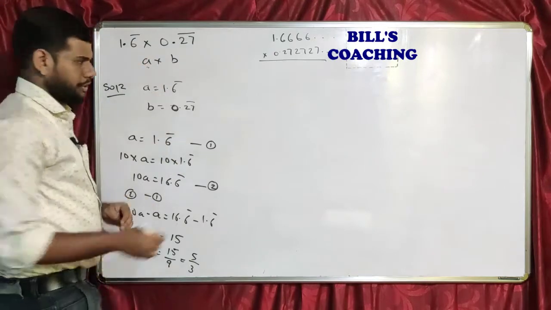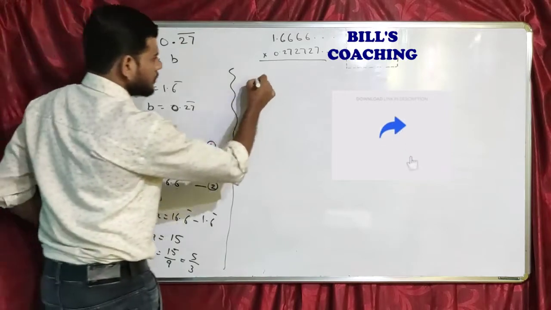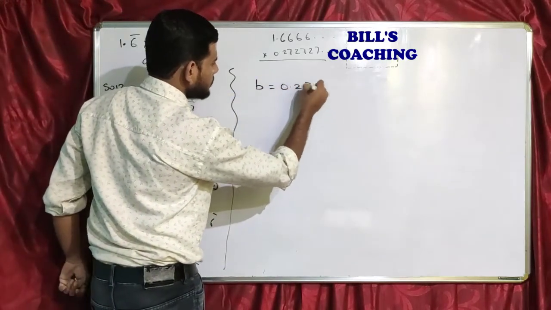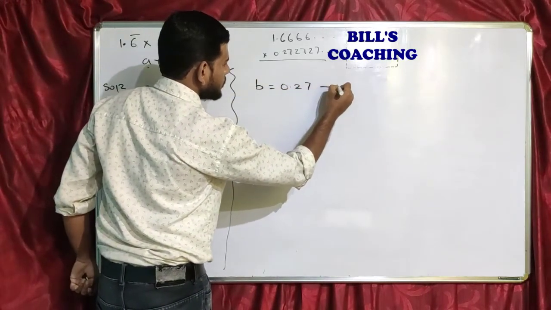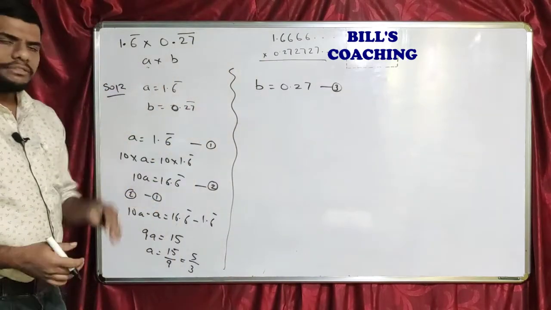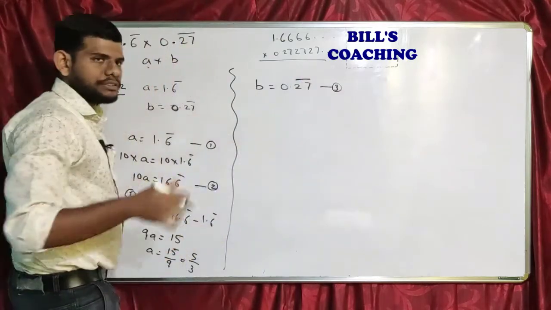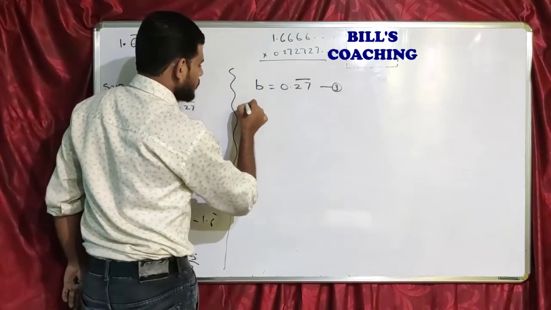Now we can find the value of B also. We'll take B as 0.27 bar. This is equation 3, because 1 and 2 I have already taken. Two decimals are getting repeated, so let us multiply it by 100.